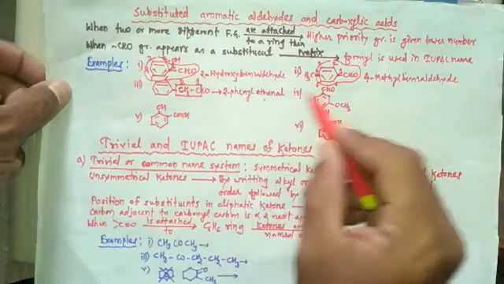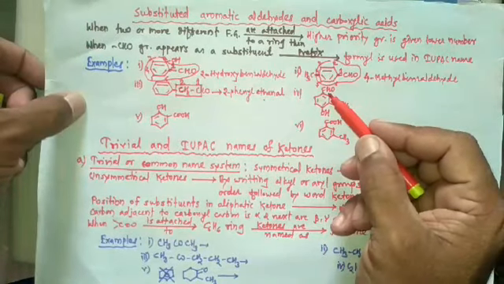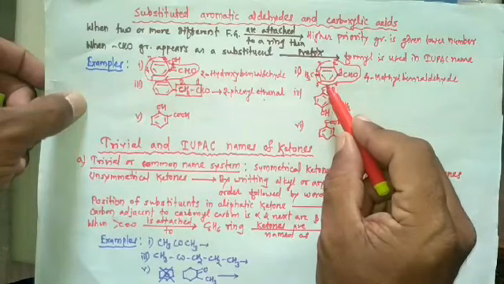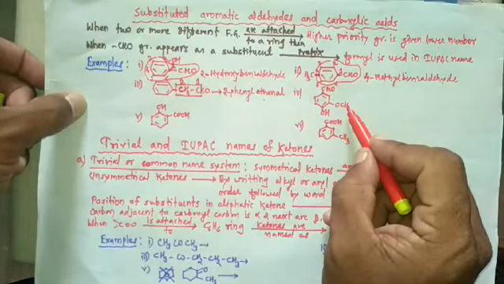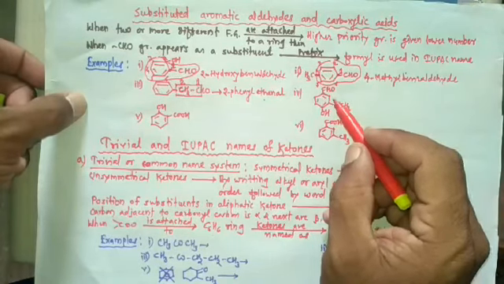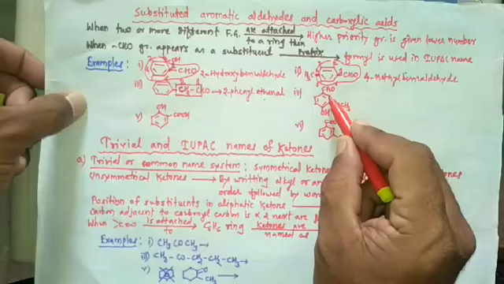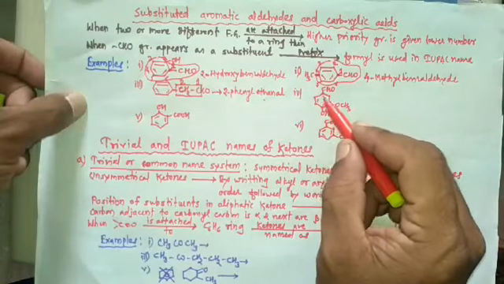Then take this next compound. When we are going to derive the IUPAC name of this compound, first of all we have to number this cyclic or benzene ring.